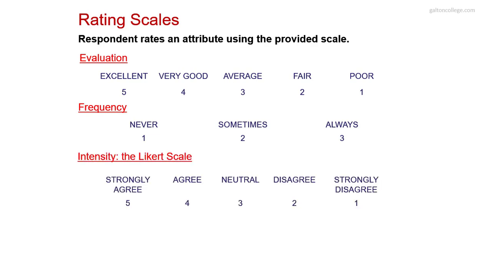Intensity scale. This is sometimes called the Likert scale. So I strongly agree, I agree, neutral, I disagree, I strongly disagree. Now we can figure out the intensity of feelings that somebody's got, if they're telling the truth with the assessment. So we just ask them to circle one of those numbers.